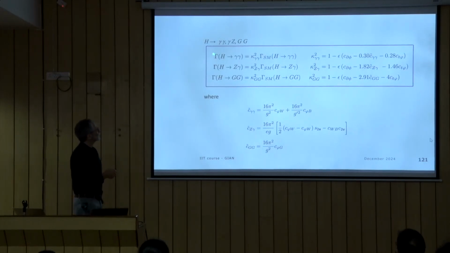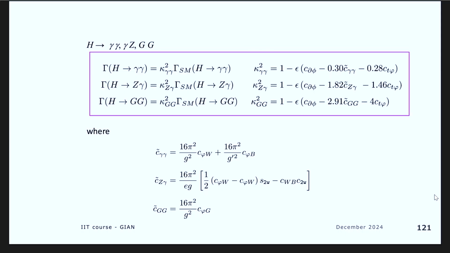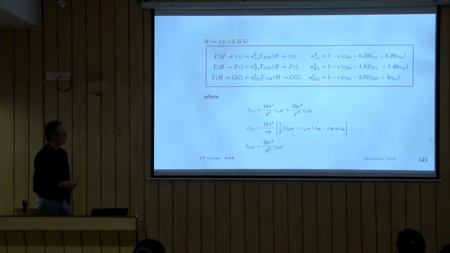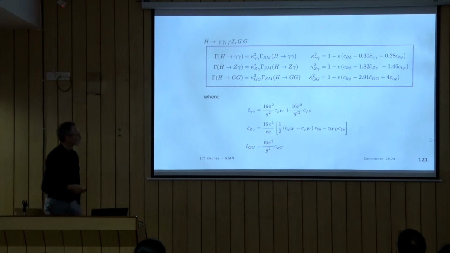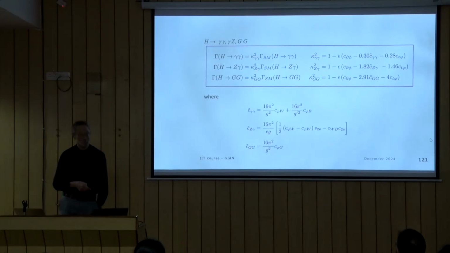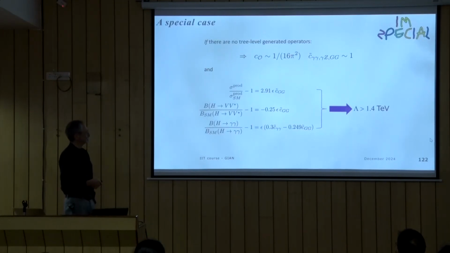And so when you measure H to gamma gamma in that kind of new physics, you will measure C tilde gamma gamma. When you measure this, you measure this. There is a one-to-one correspondence between data and unknown coefficients. You can start mapping out your effective theory. And that is the special case.